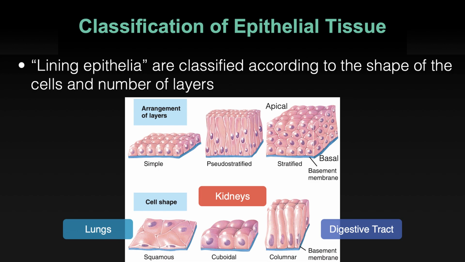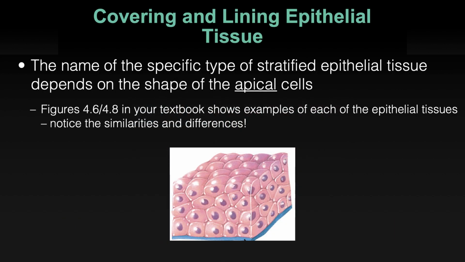Sometimes you have multiple different arrangements in an epithelial tissue. The name depends on the most superficial layer. The specific type of tissue, if it's multiple layered and stratified, depends on the most apical cells, the cells that are closest to the surface, the most superficial layer.